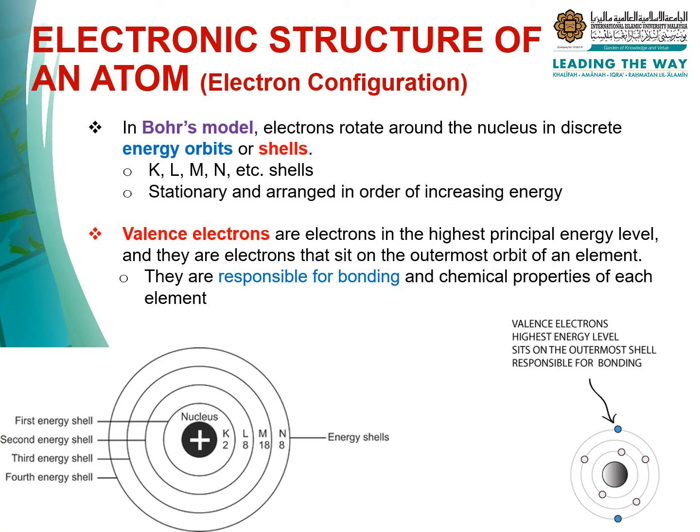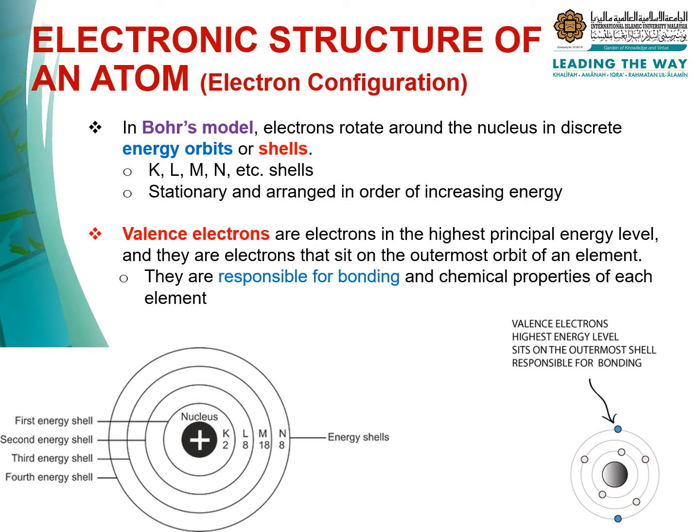Now we discuss the electron configuration, or electronic structure, of any atom. The Bohr atomic theory states that electrons in an atom rotate around the nucleus in discrete energy orbits or shells. These energy shells are referred to as K, L, M, N shells and so on.